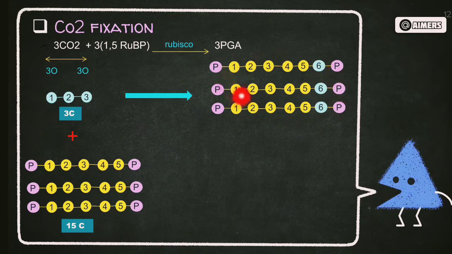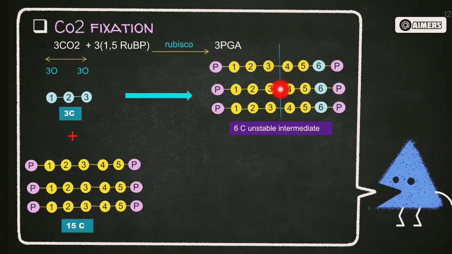This 6 carbon compound is an unstable compound. It is not stable, so it cannot maintain itself. So this 6 carbon compound immediately breaks into 2 molecules of 3 carbon compound. Okay, like it breaks from the center. I'm just saying it like that for your understanding, otherwise it's a very complex process.